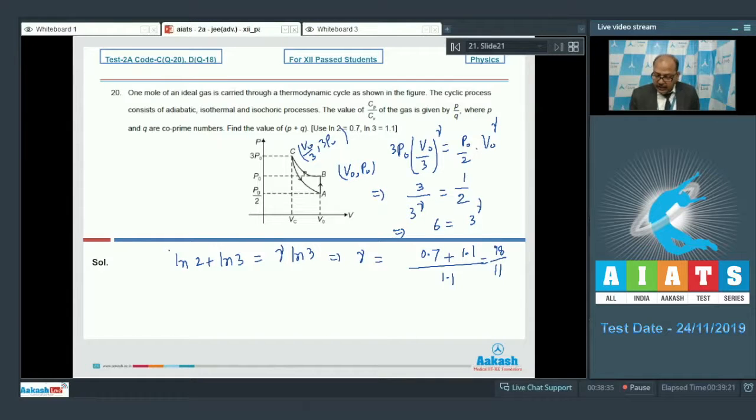So P is 18 and Q is 11, and so P plus Q is 29. So answer to question 20 is 29.